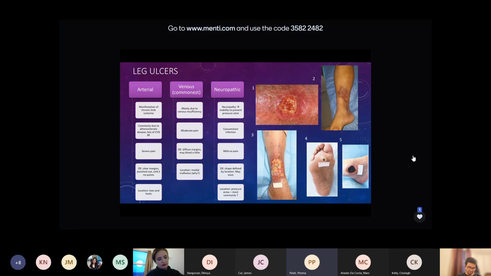That's a good indicator. The neuropathic ones are mostly seen in diabetics because they get neuropathy. The pathophysiology behind that is essentially that if you can't feel pressure on your foot in places, you can't feel the ulcer happening. So these are painless, or have very minimal pain, and they're at pressure points, like your heel and the base of your toes.